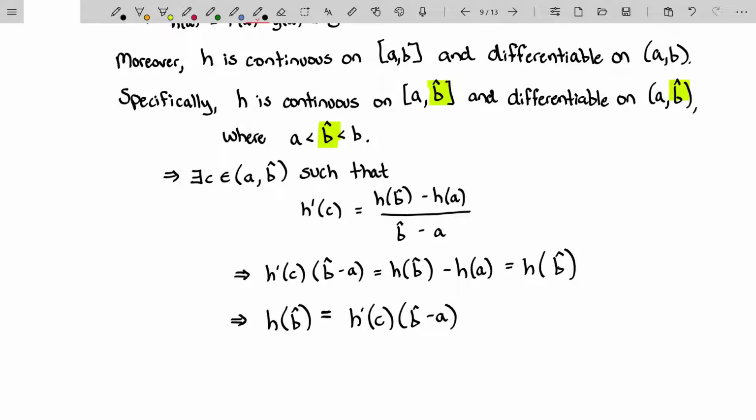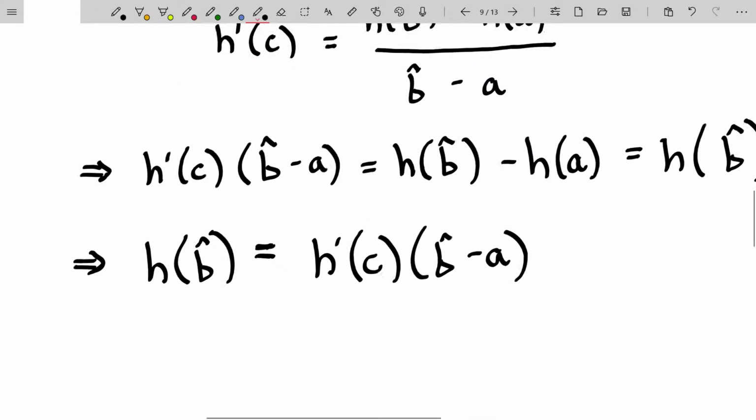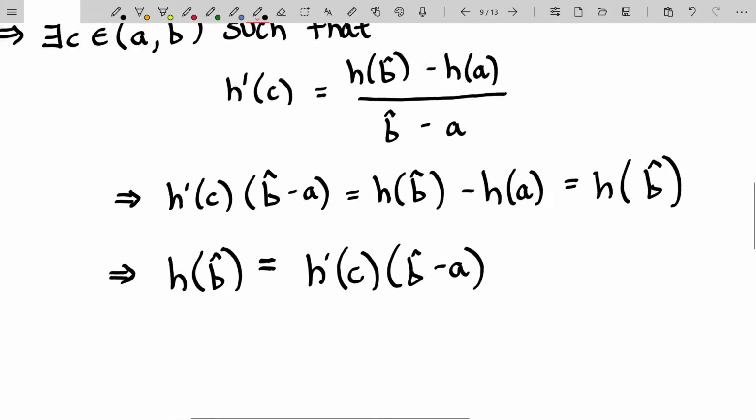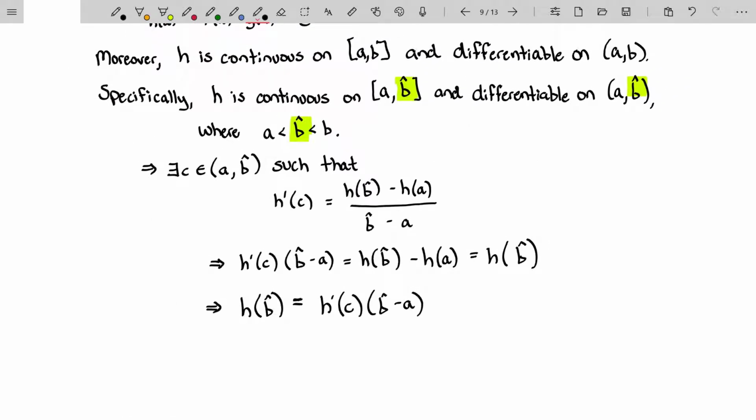Now there's a couple things I need to draw your attention to here. h prime at c, well, h prime is equal to f prime minus g prime. And we already know that f prime is less than or equal to g prime for all x in our interval, a to b.